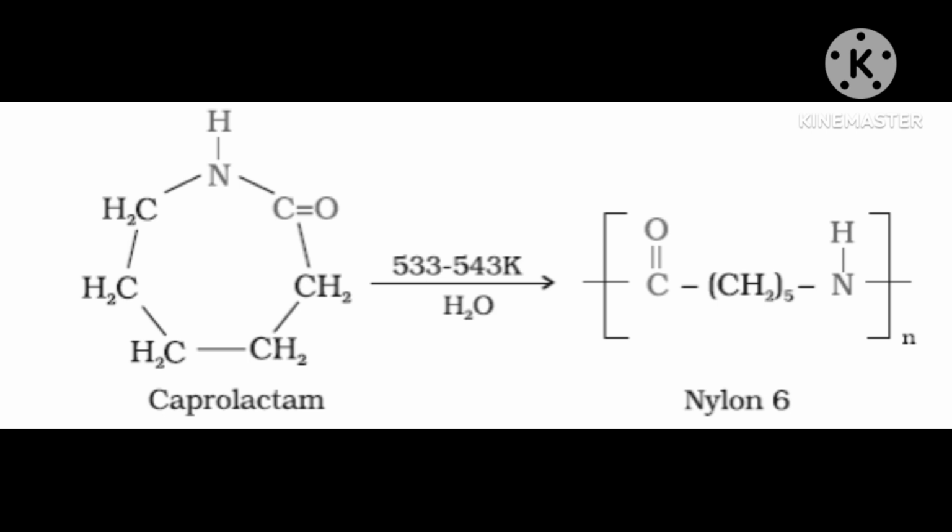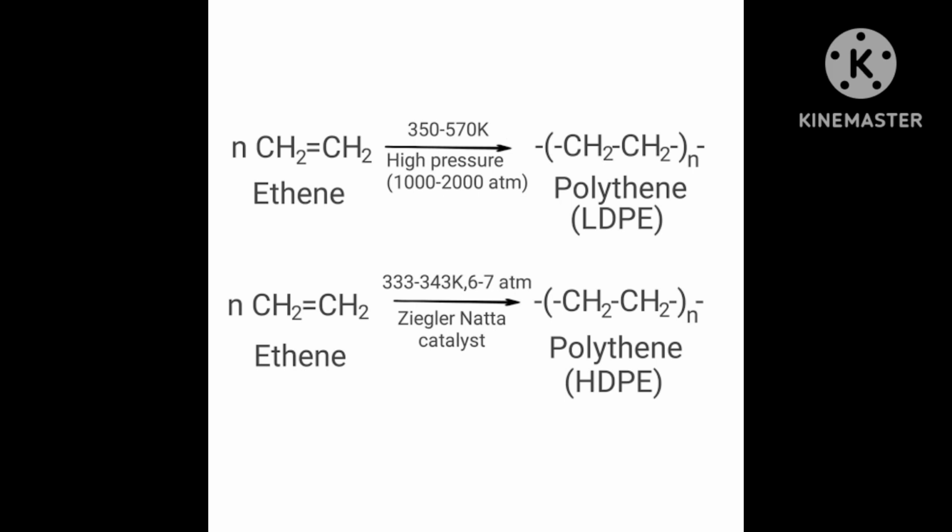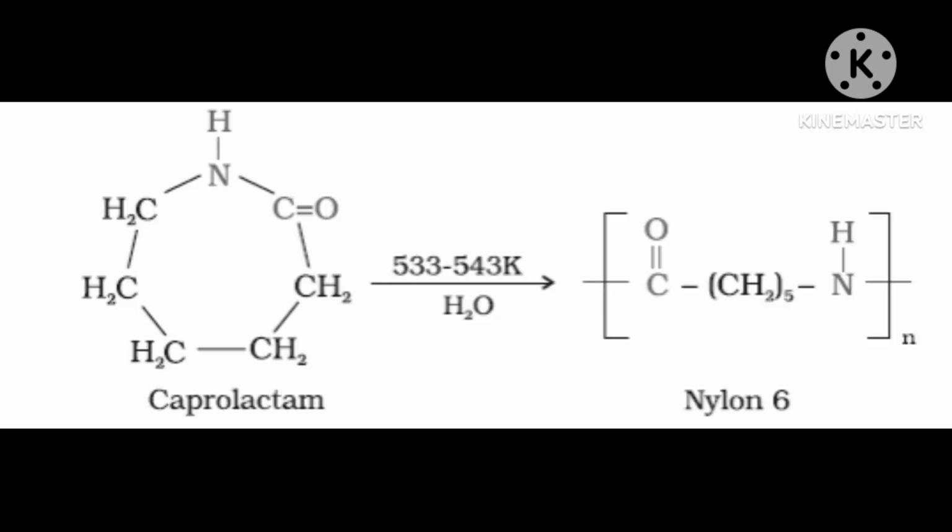Same things. This is also an example of polyester, terylene. These are the polycondensation products of dicarboxylic acids and diols. Dacron or terylene is the best known example of polyester.